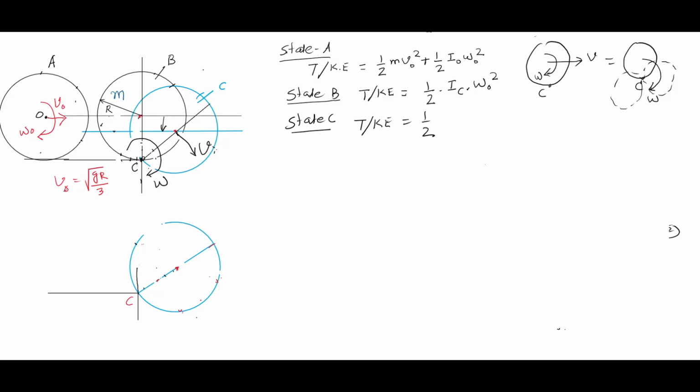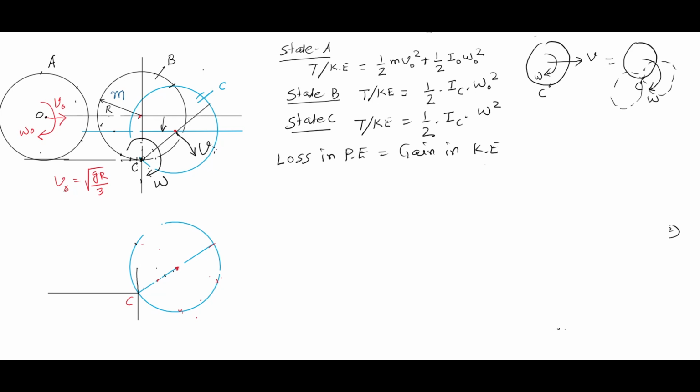The body is rotating about a horizontal axis through C. So half I_C, but its angular speed is omega, so omega square. We find that the center of mass has gone down. That means the body has lost potential energy. So our equation will be: loss in potential energy equals gain in kinetic energy.